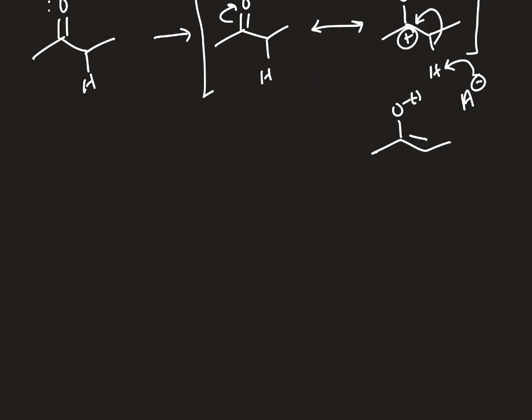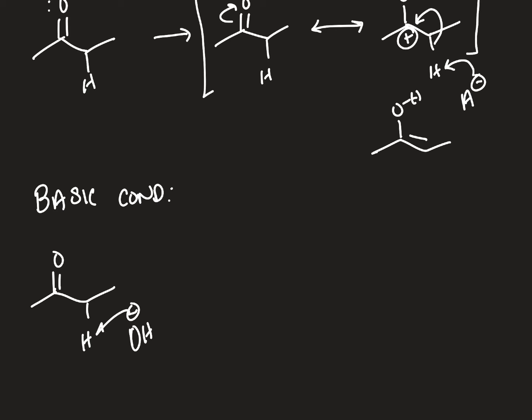We can do something very similar if we are under basic conditions. In this case, the first thing we are going to do is remove that acidic alpha hydrogen. So something like hydroxide will work here. We then can form the carbanion, which has a few resonance structures as well.